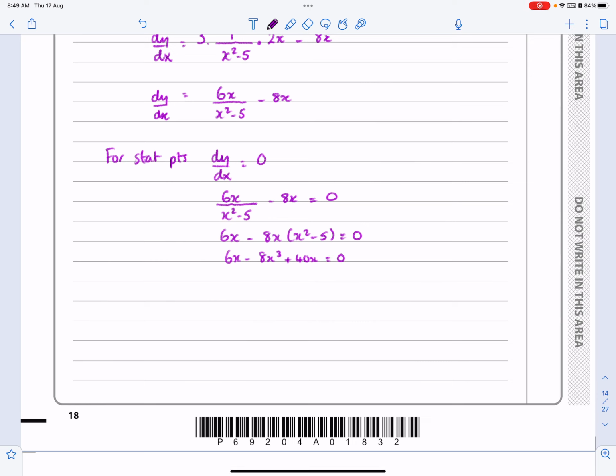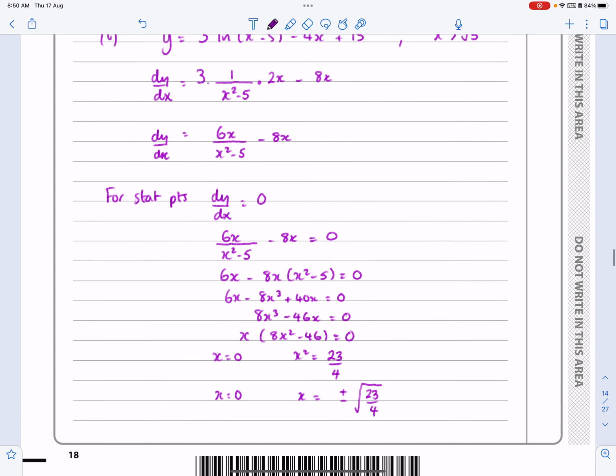So I'm going to take everything over to the other side and make it 8x cubed minus 46x is equal to 0. So take x out as a factor, leaves me 8x squared minus 46 is equal to 0, which will leave me x equals 0, or x squared equals 46 over 8, which is 23 over 4. So I'm going to get x equals 0, or x equals plus or minus root 23 over 4.